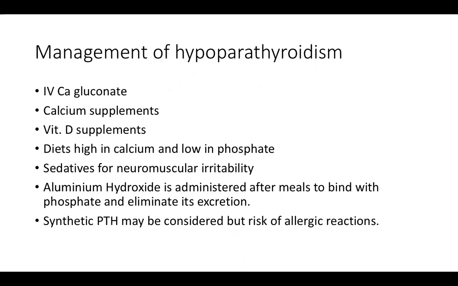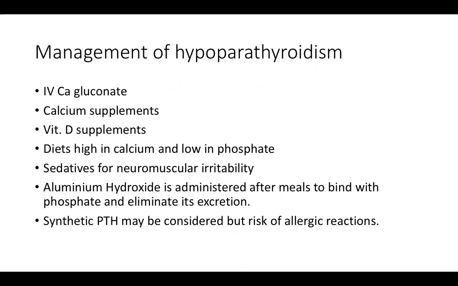So how do we manage hypoparathyroidism? If it is an acute case, like the patient has developed carpopedal spasm or tetany, you will probably have to give IV calcium in the form of IV calcium gluconate. Otherwise, you may use calcium supplements in the form of tablets.